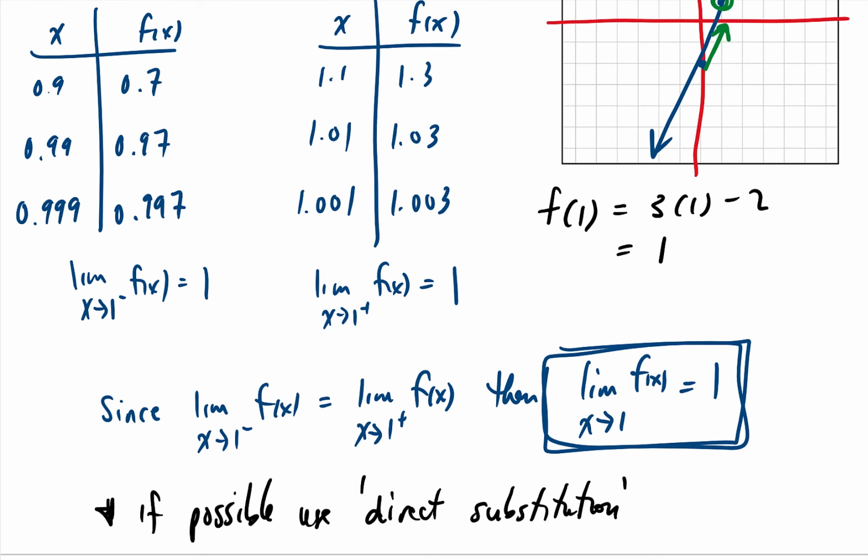So if you can sub this number into the function and it spits out a number, that will give you the limit in several cases. Not in all, but for functions that are continuous, like this one, over the whole range, then yes, it's going to give you the value of the limit. So notice here, this is equal to f at 1.